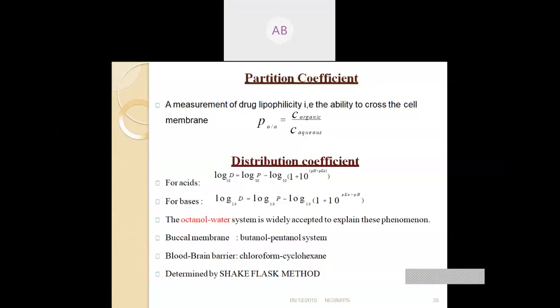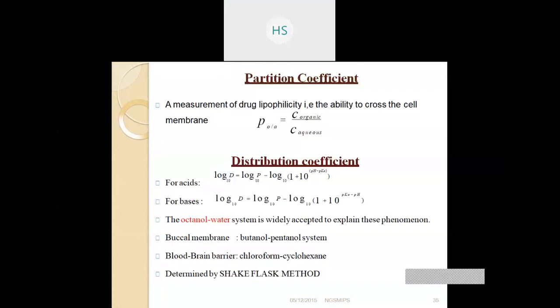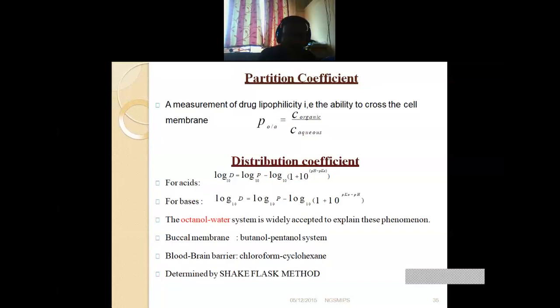So see, when we are going for solubility, why is solubility important? Sir, low solubility leads to poor absorption of drugs. Exactly. So solubility is important when we are using a particular drug.